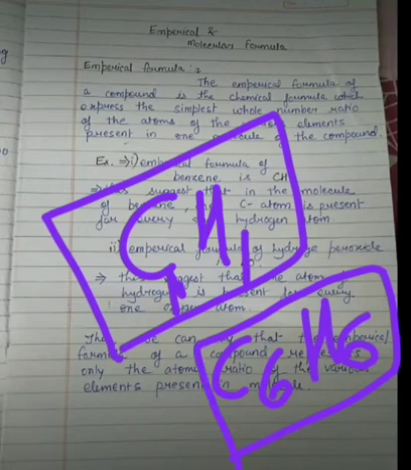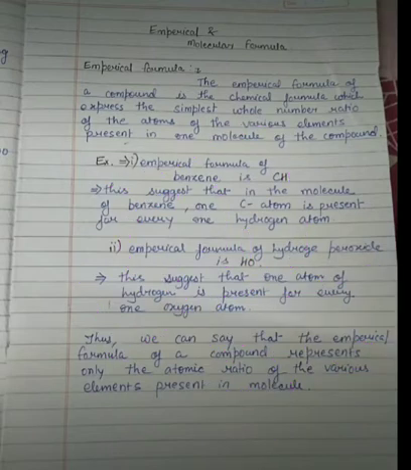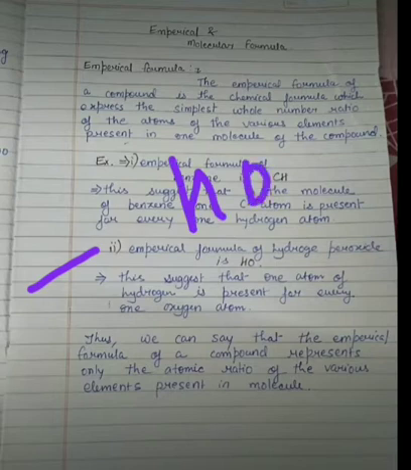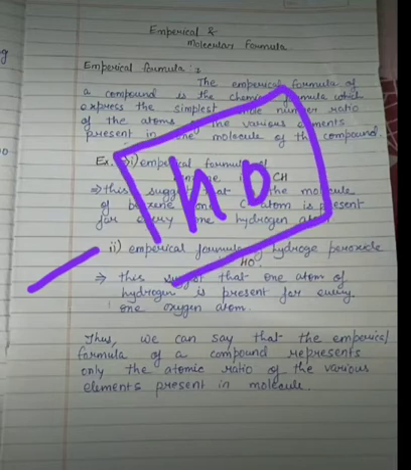Now students, you can see the second example. Here you can see the empirical formula of hydrogen peroxide. Write down HO here, it is missing. The empirical formula of hydrogen peroxide is HO. What this suggests is that one atom of hydrogen is present for every one oxygen atom.